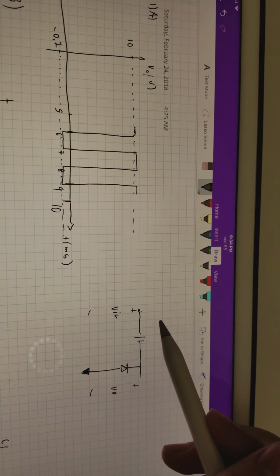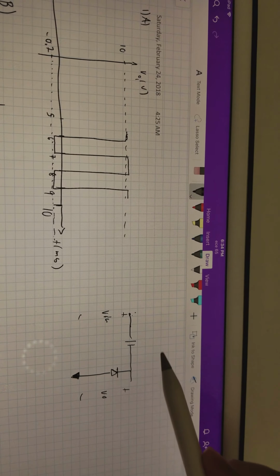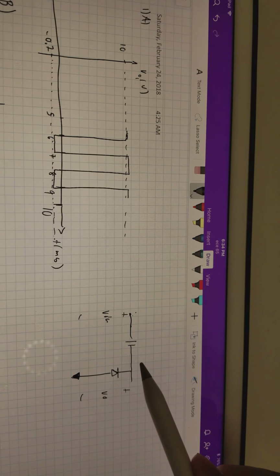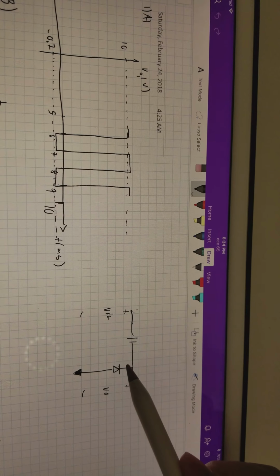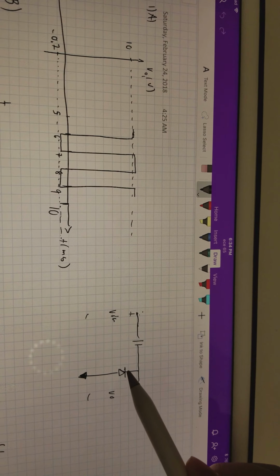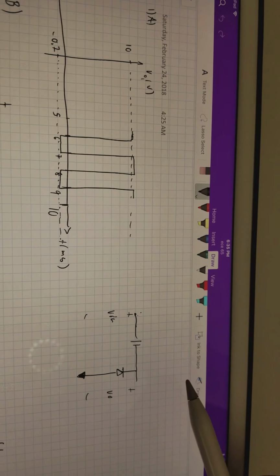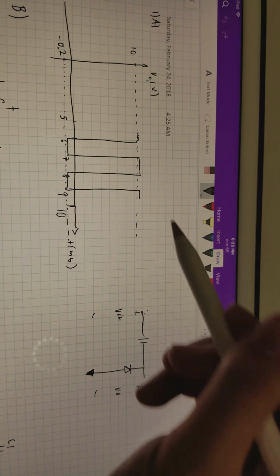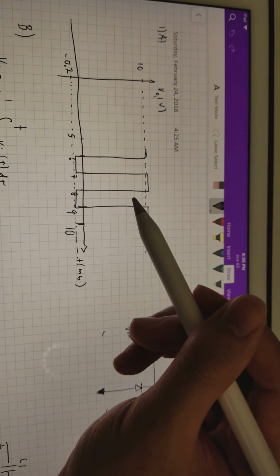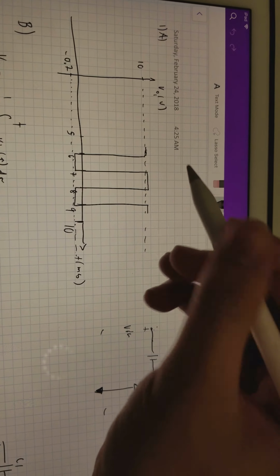If we do some basic calculation, we know that minus 6.7 minus minus 0.7, the voltage drop of the diode, means the whole graph is going to shift up by 6. So this is how the V out looks.